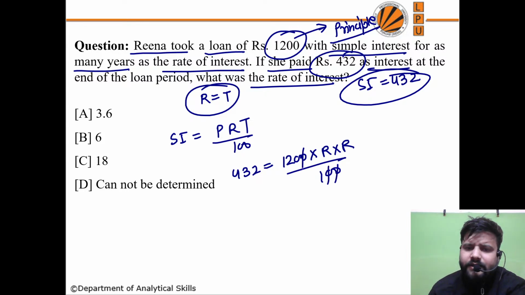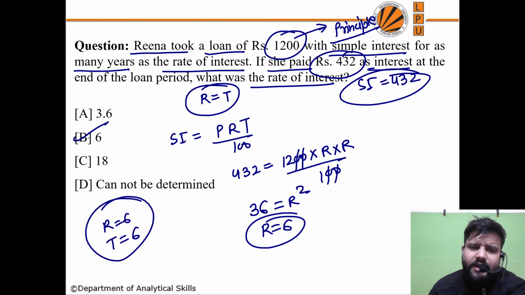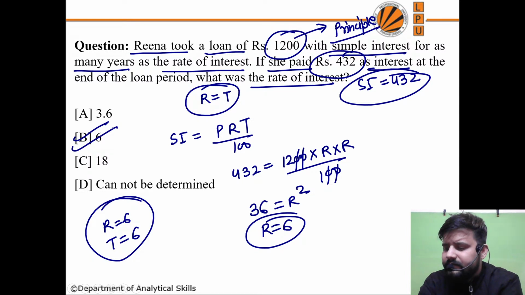So from here, the 0s get cancelled, and 12 cut it at 3. 36 is equal to R square. So from here, the value of R is 6. It means the rate of interest is 6, and if they ask you time, that is also 6. So the answer for the question is option B.